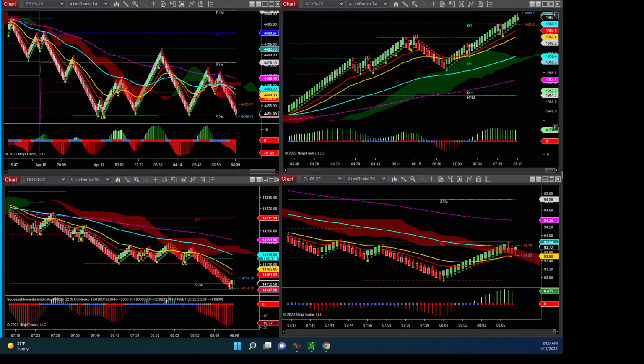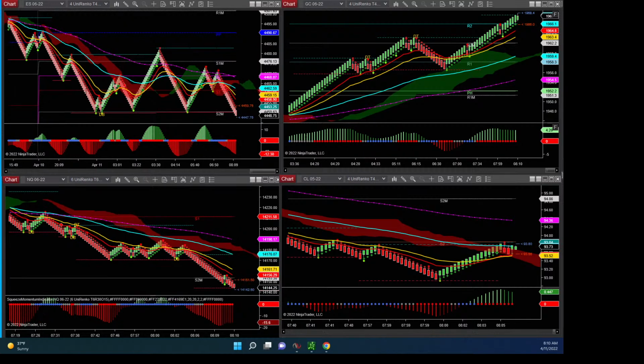Yeah, there's a reversal in crude. Still in the cloud though, a little bit higher. Momentum is not in the favor, but new low in ES, new low in NQ.